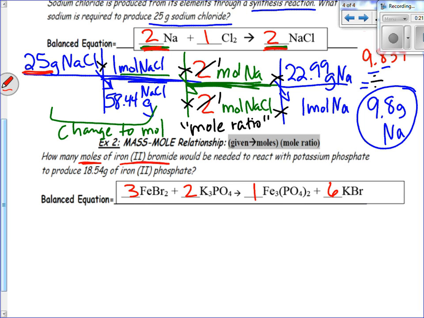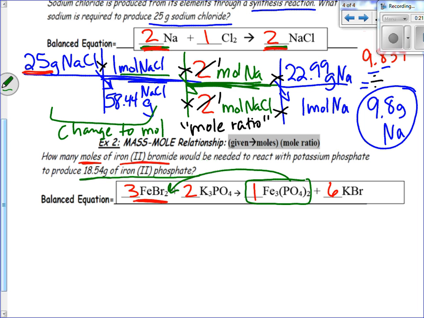We want moles of this stuff needed to react with potassium phosphate to produce 18.54 grams of iron phosphate. That's this guy. So I'm starting with iron 2 phosphate, and I'm working my way over to the iron 2 bromide. And that's going to be my mole ratio step, between those 2 things.